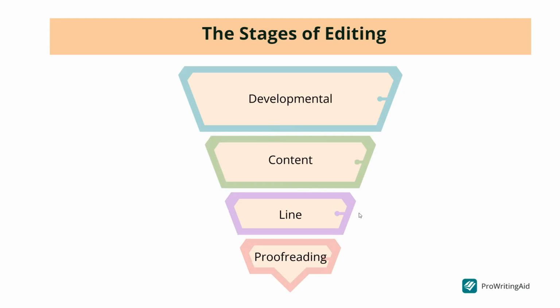Line editing is where you go line by line to improve the actual prose of your manuscript. And finally, proofreading is things like spelling, grammar, consistency, issues like that. Some people combine line and proofreading into something called copy editing. It's all essentially the same thing.